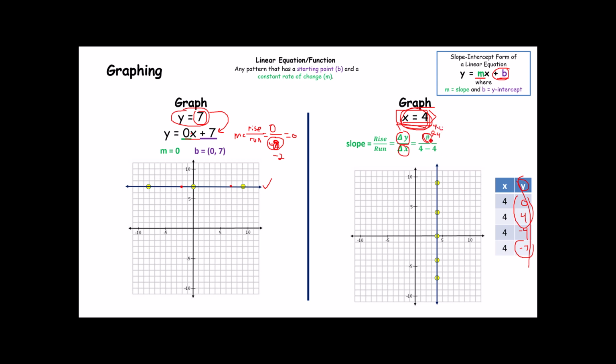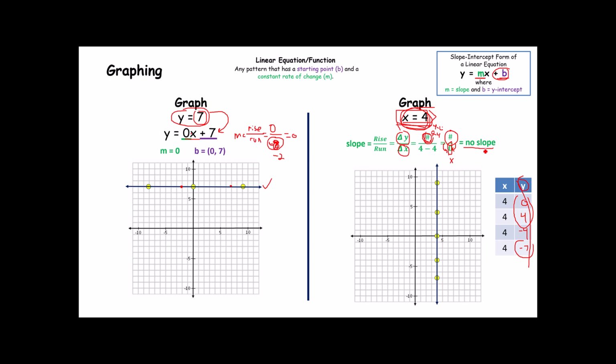This top number doesn't matter because when I do 4 minus 4, I'm going to get some number over 0. And that is a big no-no in math. We never, ever divide by 0 because we can't take something and divide it into no pieces. That would take divine powers.